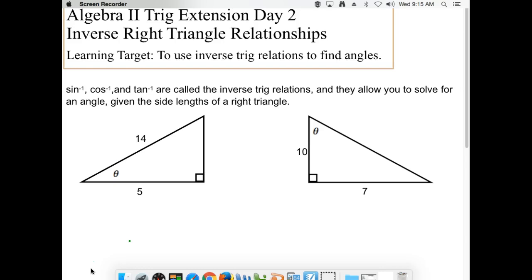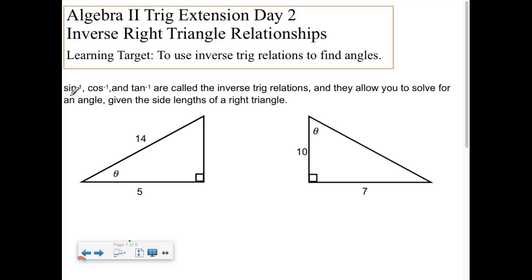What we're going to do today is we are going to be using inverse functions. So everybody grab your calculator. I want you to find where it says sine, cosine, tangent, and right above those words, do you see how you have those inverse ones?